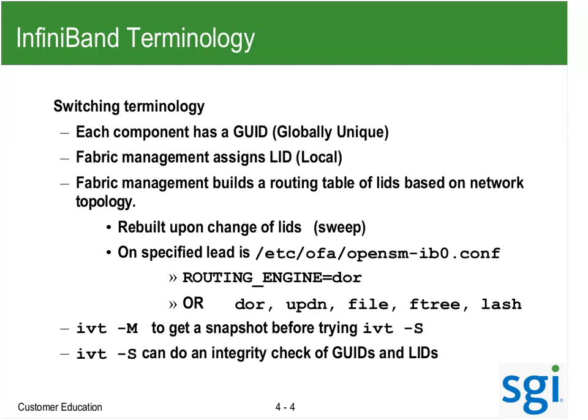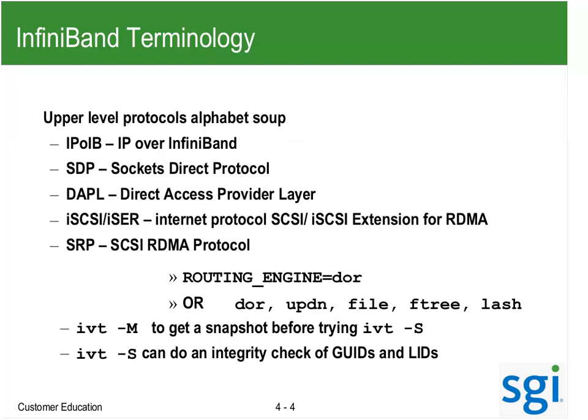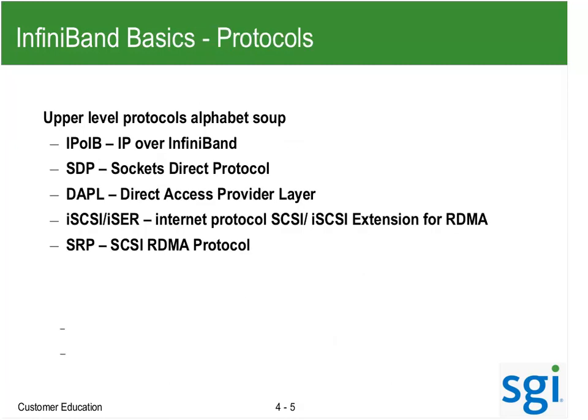Once you've got InfiniBand actually configured and running, you're going to take a snapshot with IBT-M, and then IBT-S can do an integrity check and make sure that we don't have any duplicate GUIDs or LIDs. IBT is a good tool to start with to see what shape my fabric is in. So with InfiniBand, we've got IP over IB as a protocol, so all my SSHs from the login node to the compute nodes go over InfiniBand.